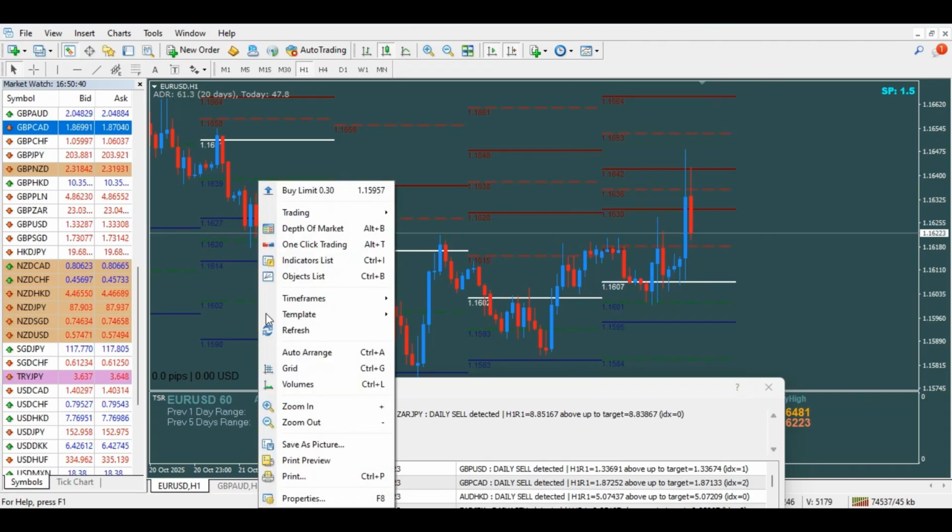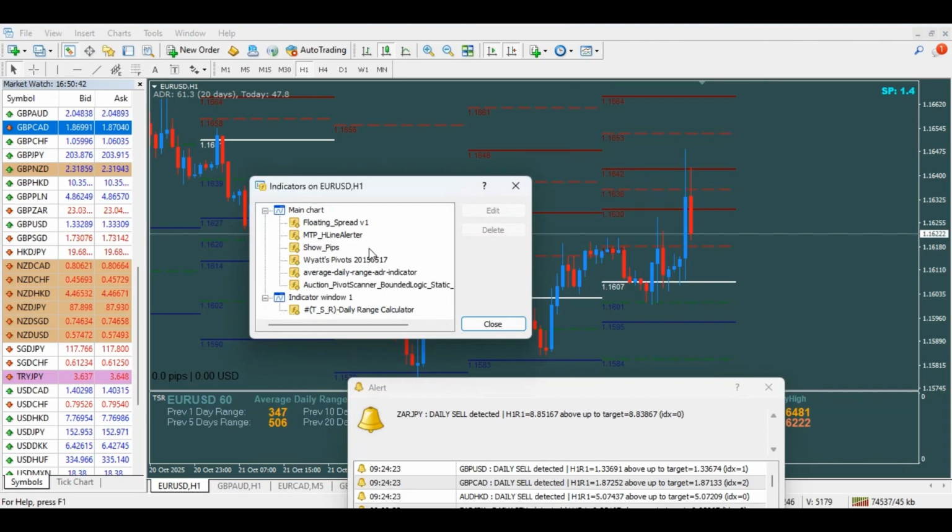When you look into the indicators list, you'll see this scanner right here. It's called Auction Pivot Scanner Bounded Logic Static.